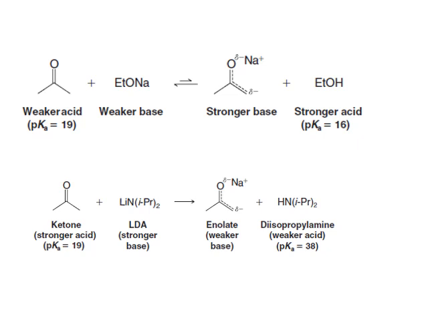Ketone pKa about 19. And you apply the fact that the conjugate base of a stronger acid is a weaker base, and the conjugate base of the weaker acid is a stronger base.